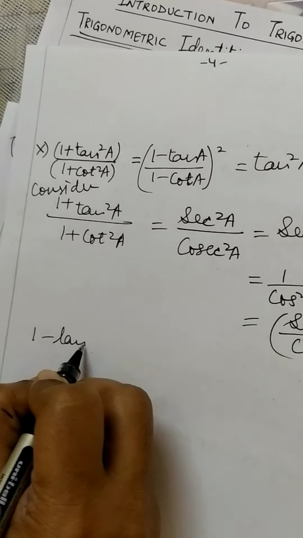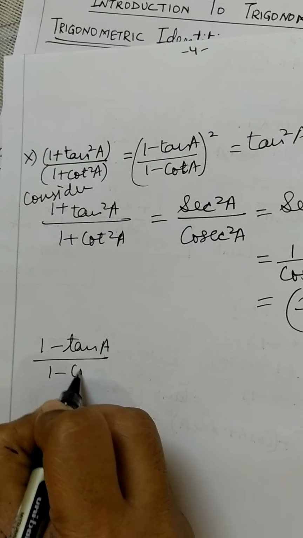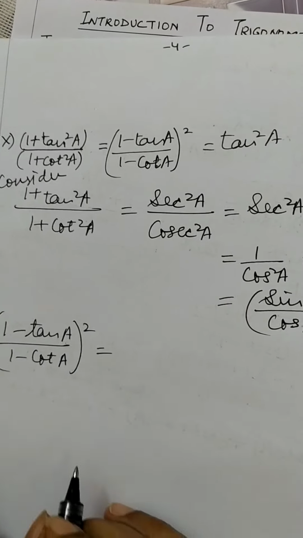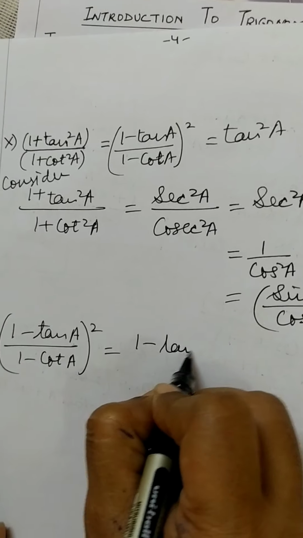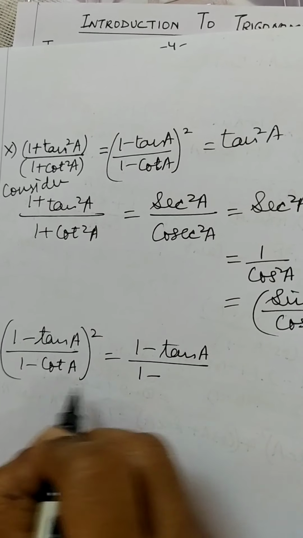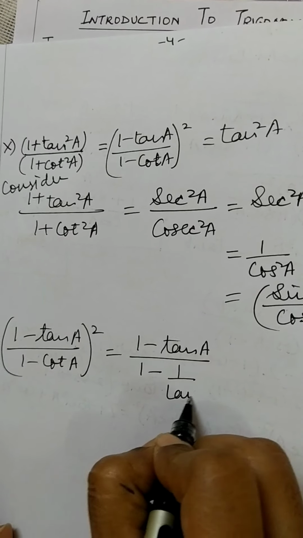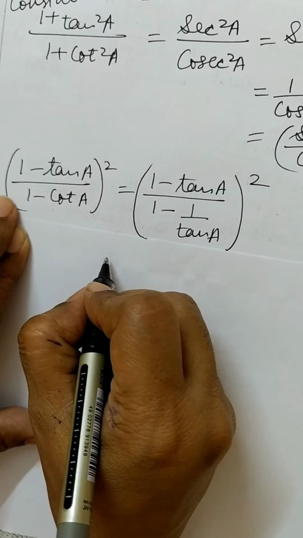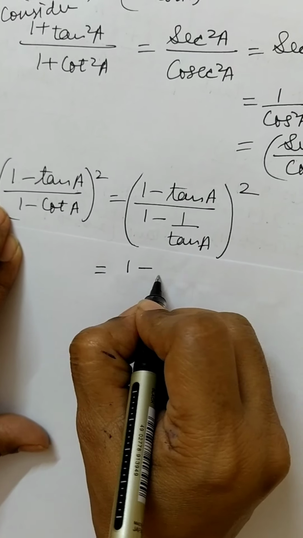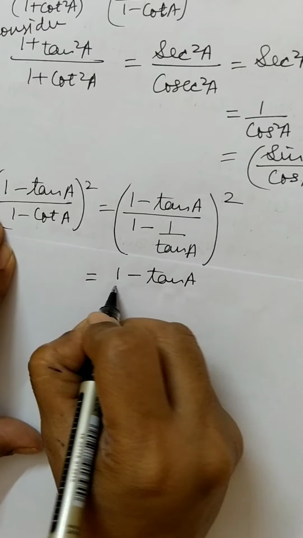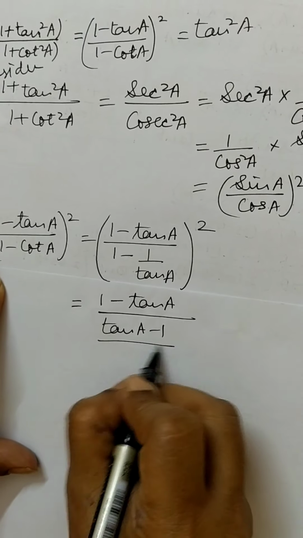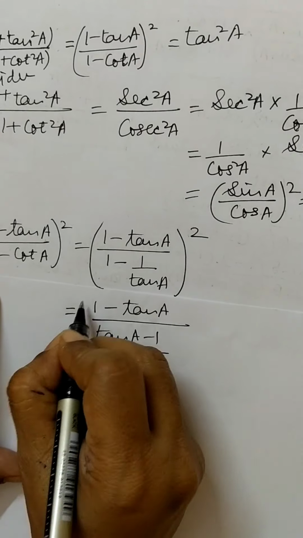1 minus tan A upon 1 minus cot A whole square. 1 minus cot A you can write as 1 minus 1 upon tan A, which is 1 minus tan A upon tan A minus 1 upon tan A, whole square.